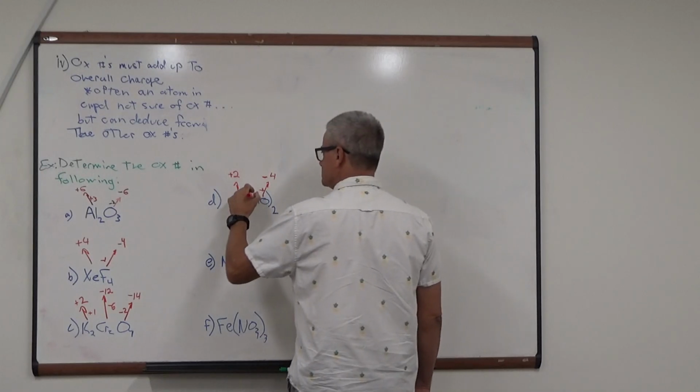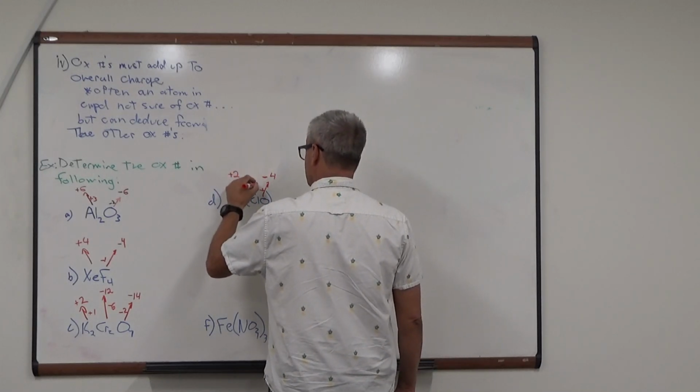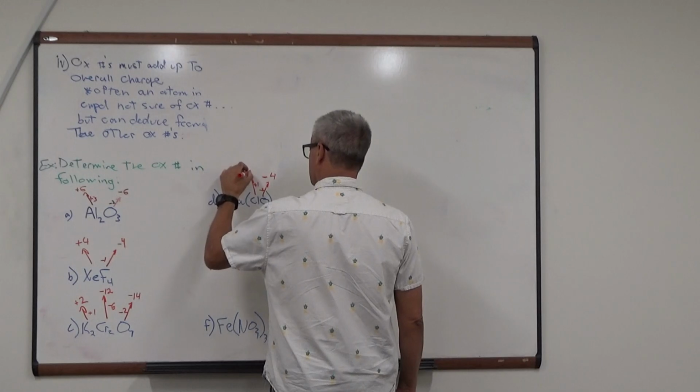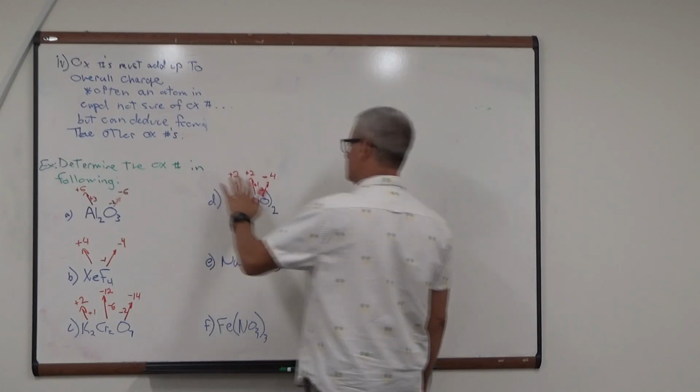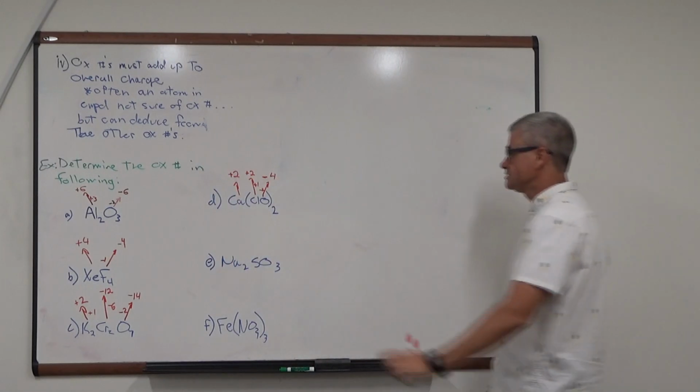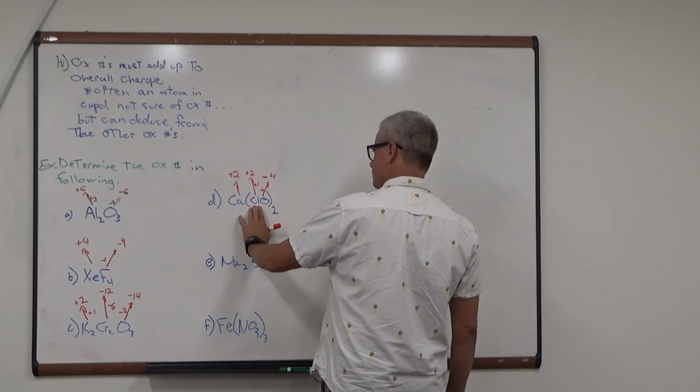So each of these chlorines must be +1, for a total of +2. Now it's neutral. So the oxidation state of chlorine here is +1.